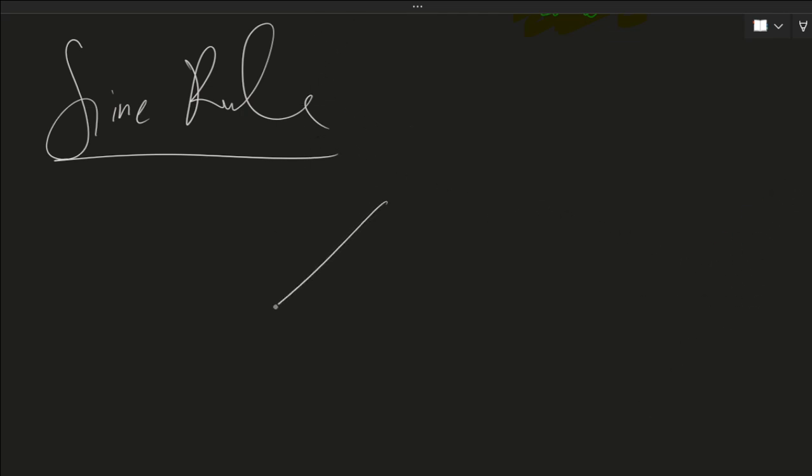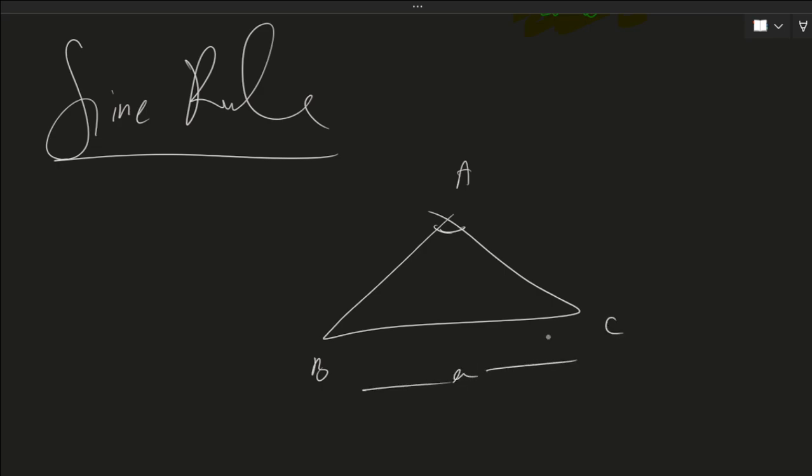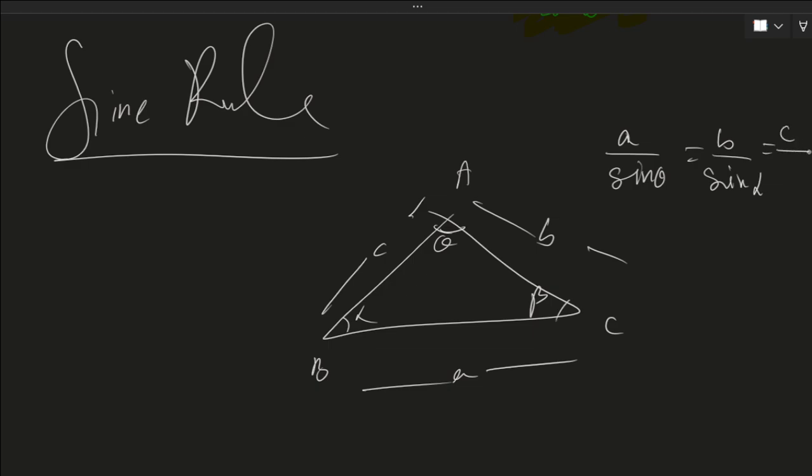It says if you've got a triangle ABC, labelled as before, and let's say this is alpha, this is gamma, this is beta, then A by sine theta is equal to B by sine alpha, equal to C by sine beta, equal to 2R.